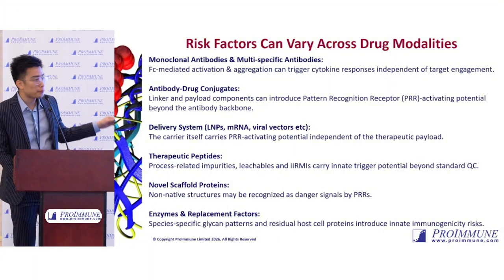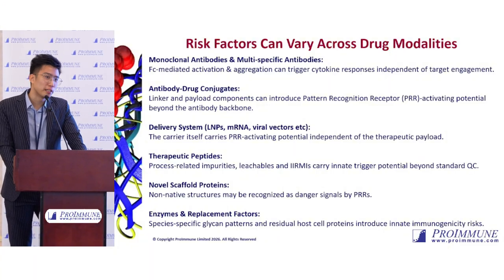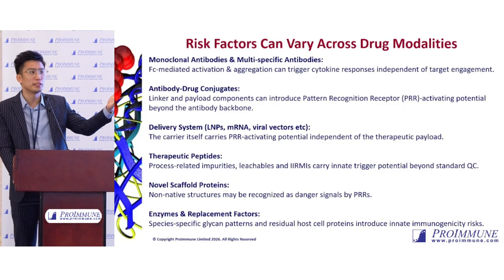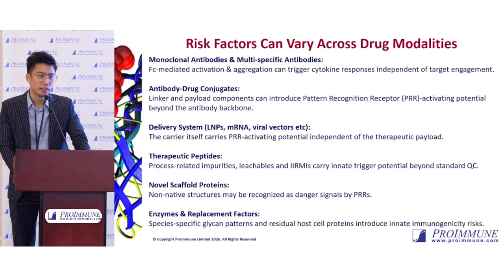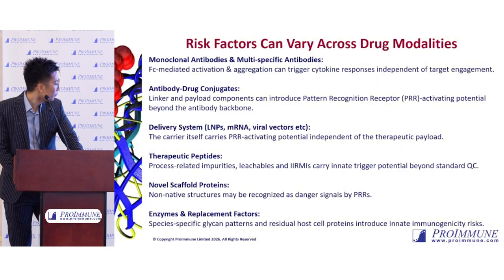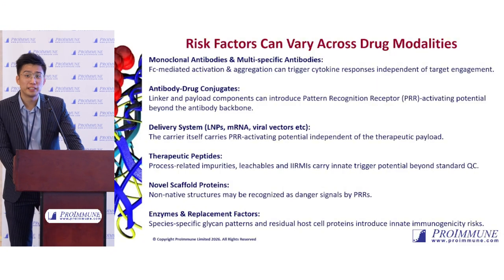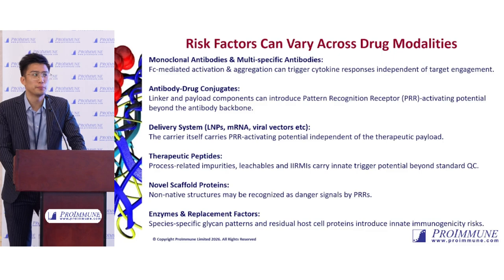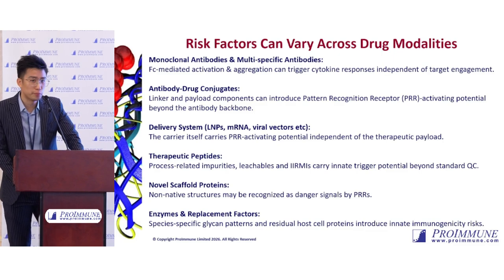And then you have therapeutic peptides where, when it comes to generic peptides, we have process-related impurities that could potentially trigger PRRs, resulting in unwanted innate immunogenicity risk. Then your novel scaffold proteins have non-native structures, which are foreign and can also be potentially immunogenic to the immune system.